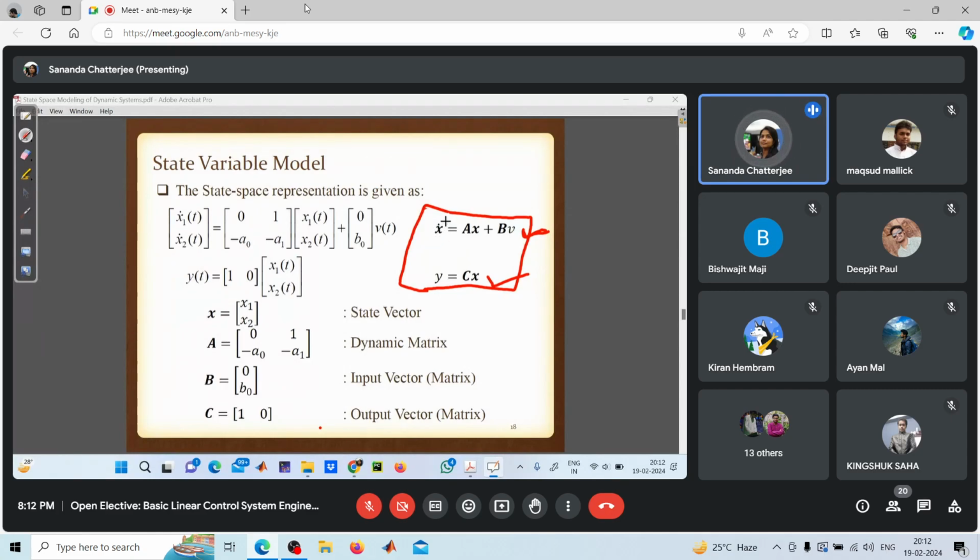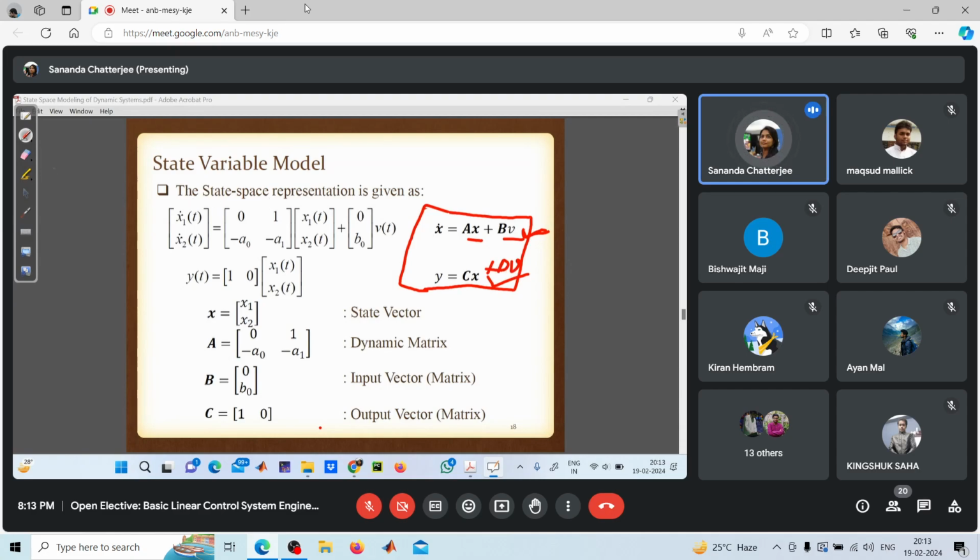The change in the state is represented as a function of the state as well as the input. And this is the output equation, where in general we will have another term, that is Du. Cx plus Du, that is the output, can also be represented as a function of the state and input.